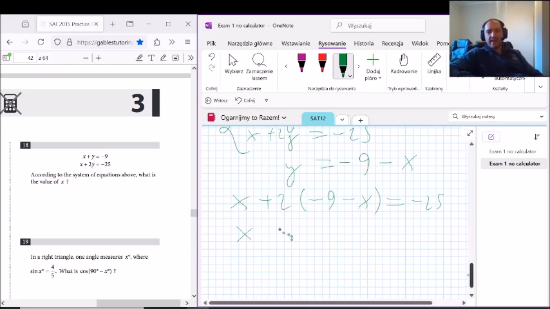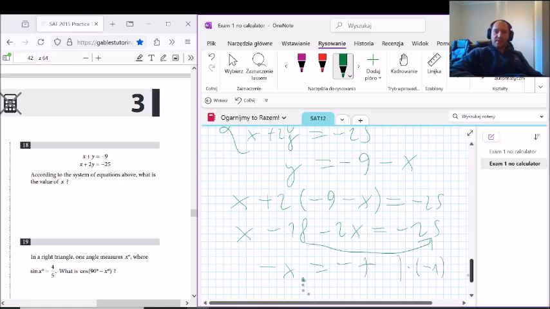So it is x minus 18 minus 2x equals minus 25. So let's move this 18, and here we have x minus 2x, it is minus x, equals minus 25 plus 18, which is minus 7. Now let's multiply by minus 1, and we have x equals 7.